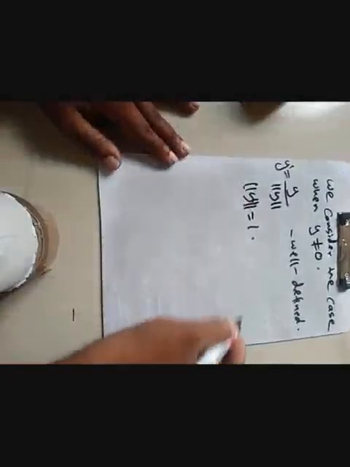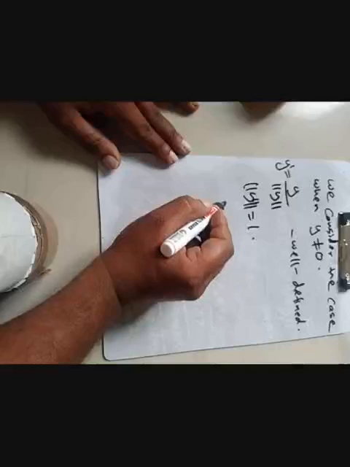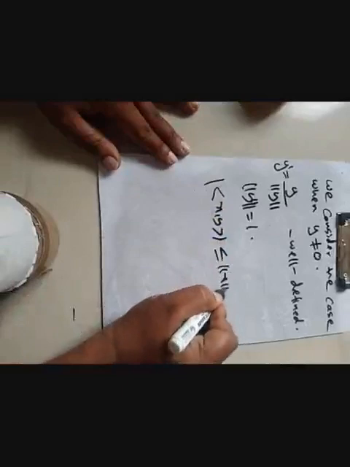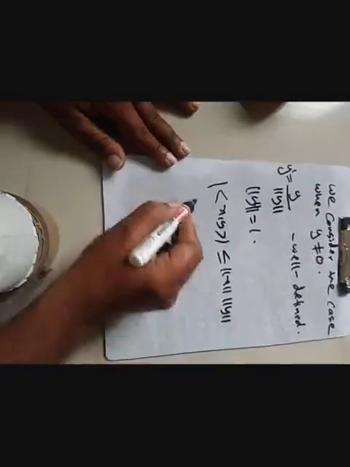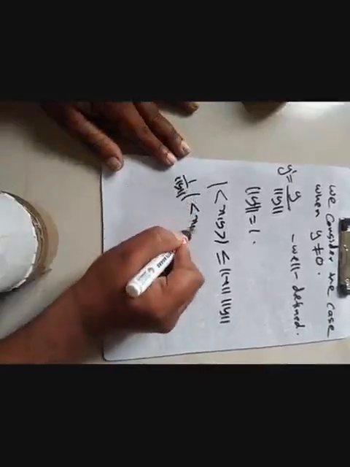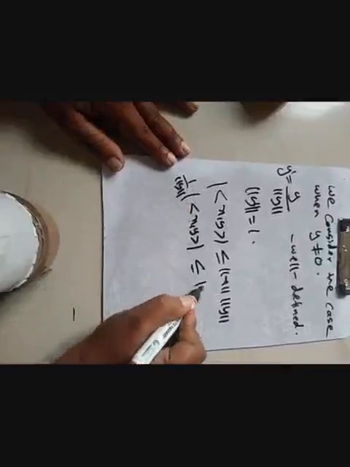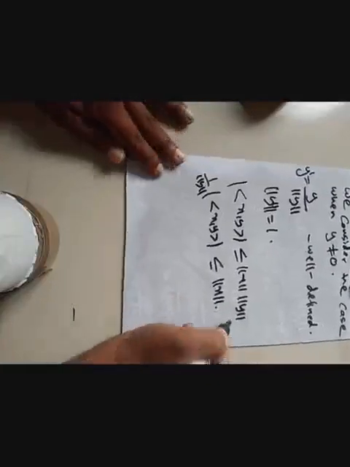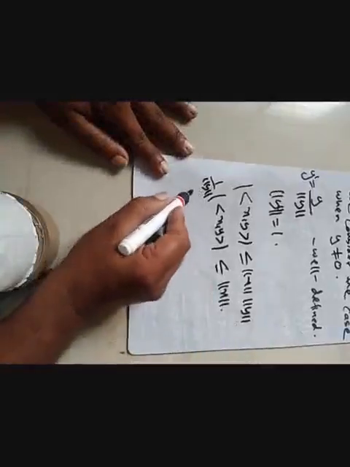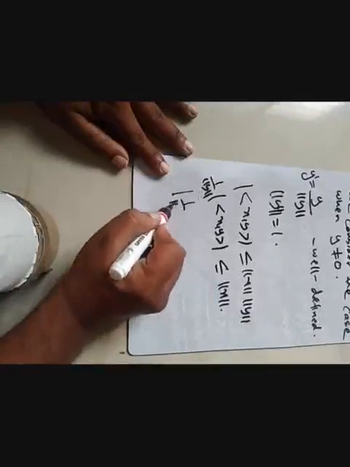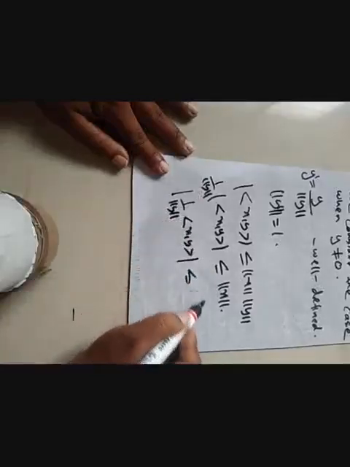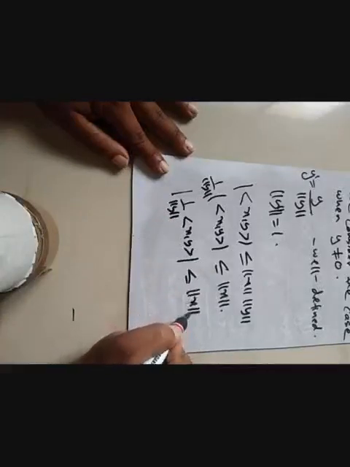So even in the inner product space, what we are trying to prove is that this value is less than or equal to norm x times norm y. When you divide by norm y, we get 1 over norm y times the inner product of x with y, in absolute value, less than or equal to norm of x.